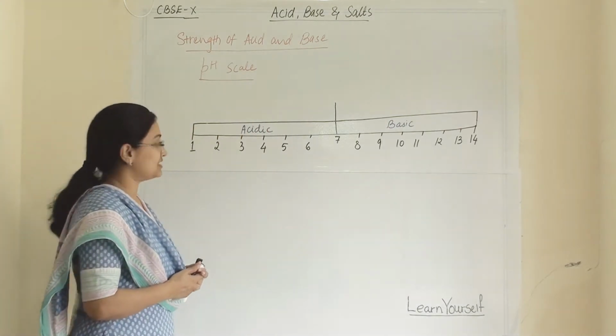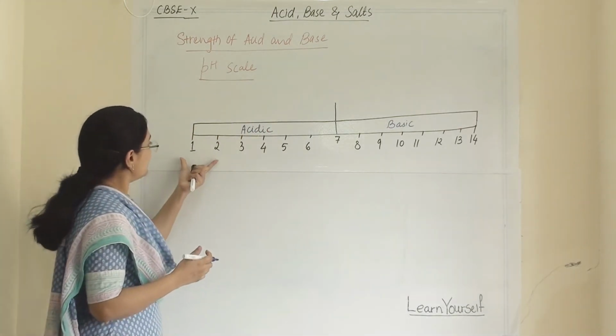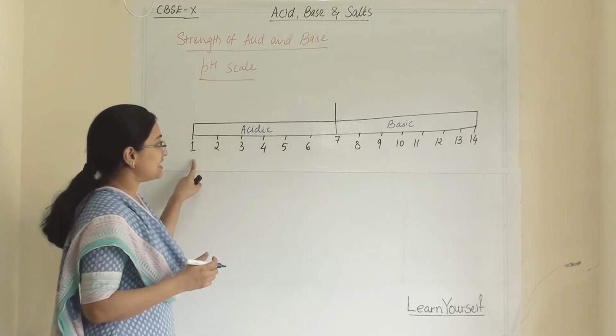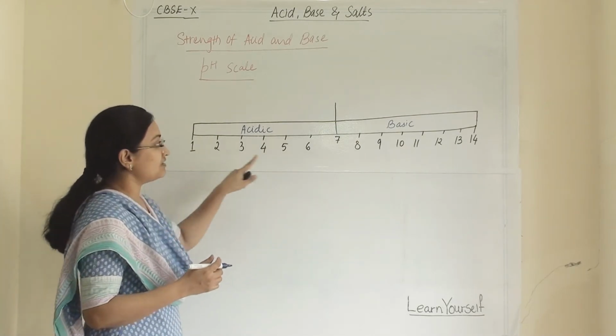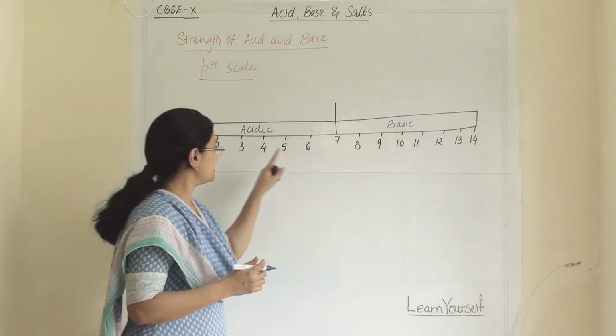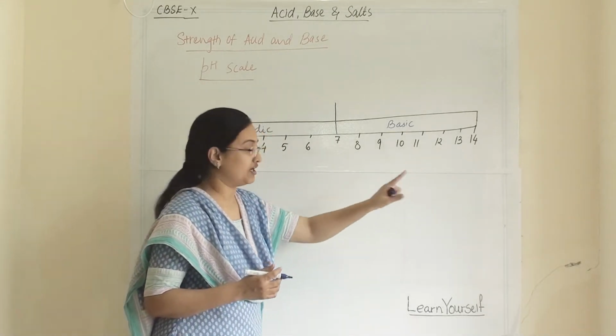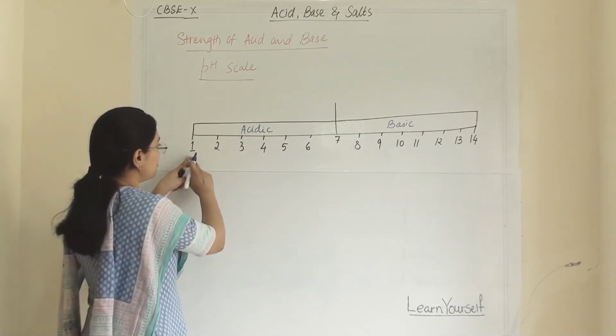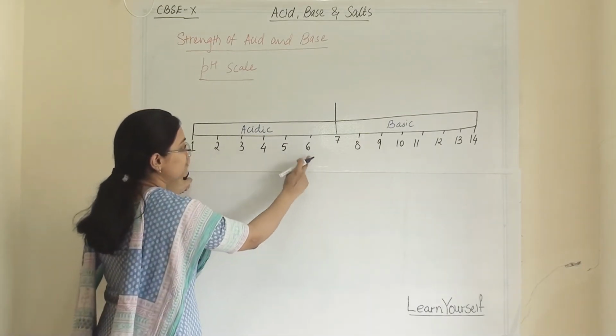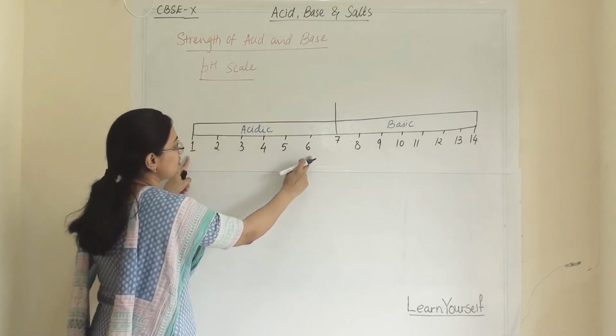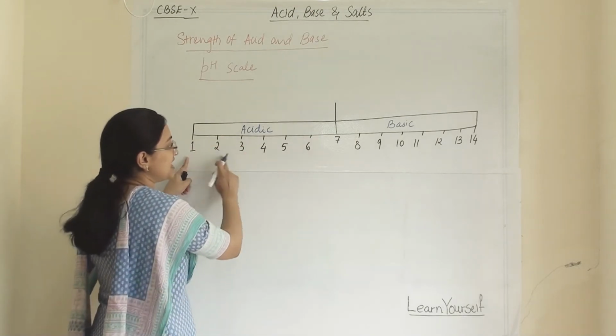Let us study. So this is our pH scale, and in a pH scale there are 14 readings. It starts from 1 and ends at 14. From 1, 2, 3, 4, 5, 6, this pH is termed acidic.